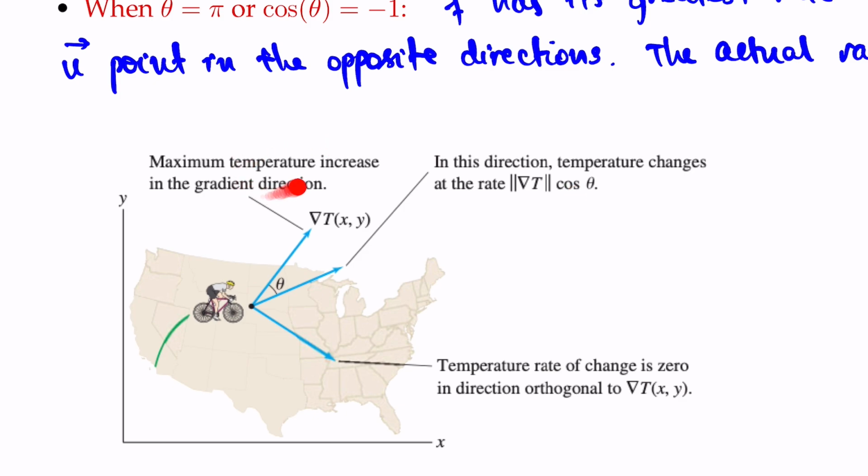And you have in this particular direction, the maximum temperature increases in the gradient directions. This is where the gradient vector and the unit vector point in the same directions. Now, the temperature rate of change is 0 in these directions because the direction of motion is orthogonal to the gradient of the temperature. So that is just one scenario that you may see in real life.